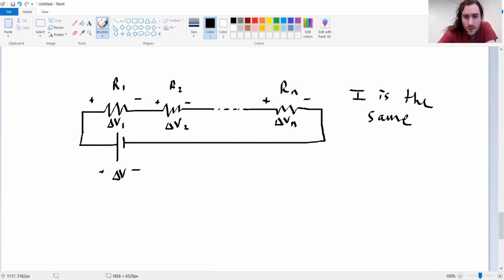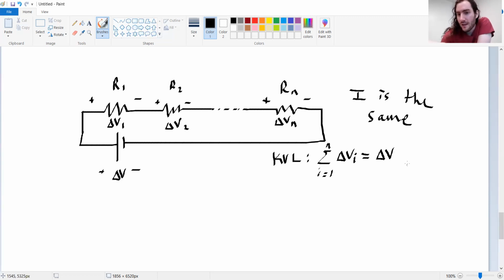And so now it's Kirchhoff's voltage law that we have to apply here. Kirchhoff's voltage law will tell us that if we sum up all of the voltage drops across each of the resistors, delta V sub i, then that should be equal to the voltage being supplied to the circuit, delta V.